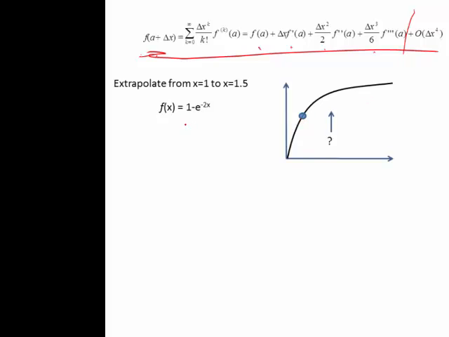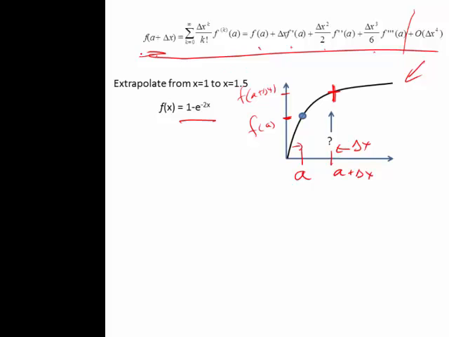This will be our function, 1 minus e to the minus 2x, and a plot of that looks somewhat like this. And if we say that this point here is point A, and this distance here is delta x, then this point here is a plus delta x, and that point there is f at a, and right there, that's the point that we're after, that value right there, f of a plus delta x.